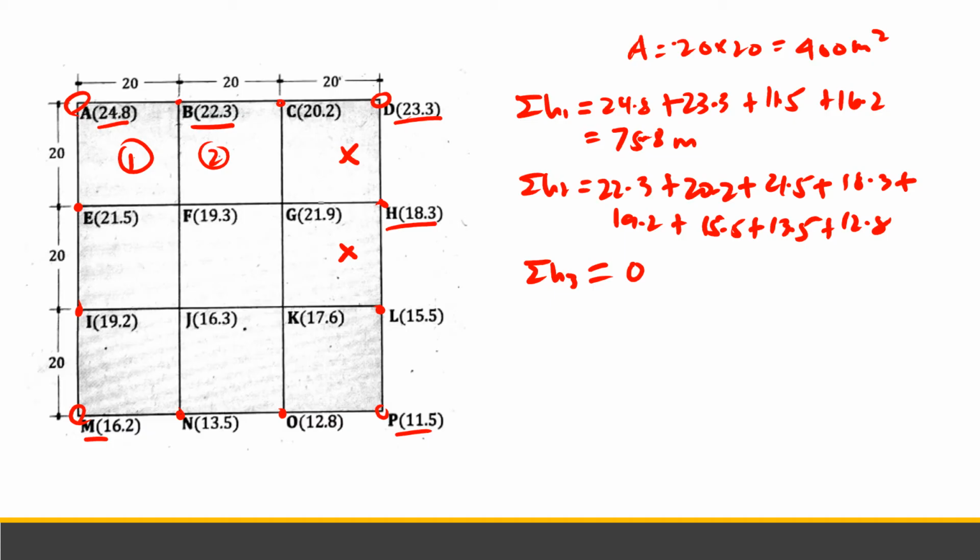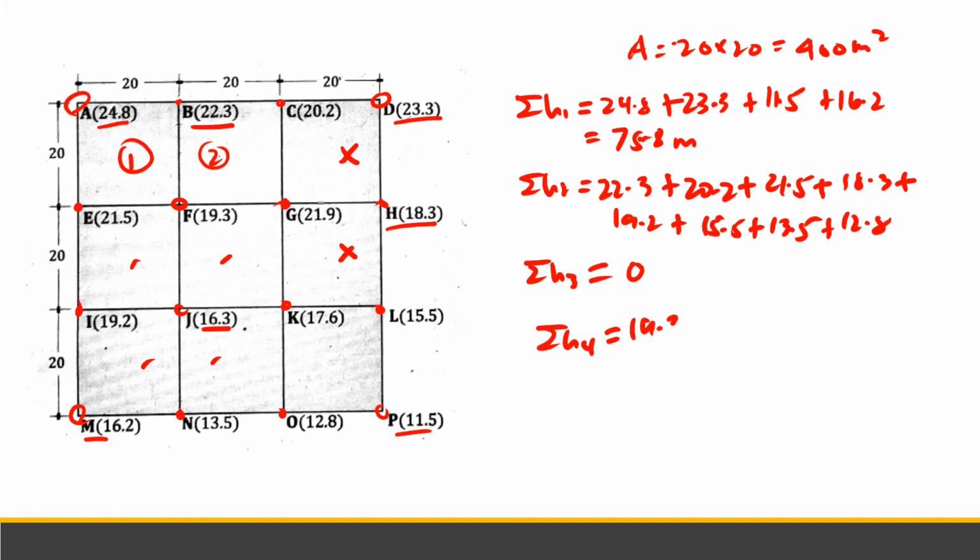So, since this is a square base, usually in a square base, 0 yung H3. And H4 would be these points here, since 16.3 is common to these 4 squares. So, that's why 4 beses siya nagamit.